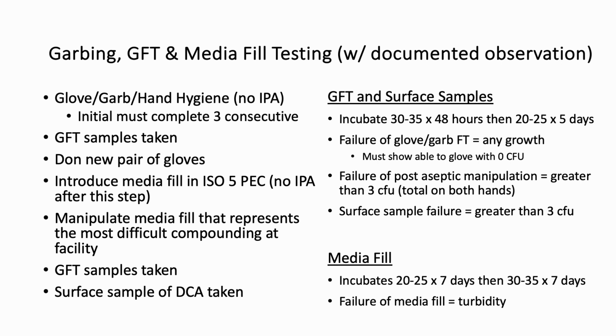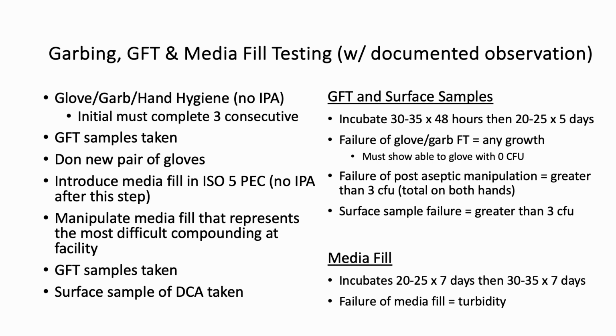Garbing, glove fingertip testing, and media fill testing occurs with a documented observation. The reason for this is that you can not only fail the process of the task, but also through a documented observation. When it comes to testing for glove, garbing, hand hygiene, the person will proceed with the entire garbing process.